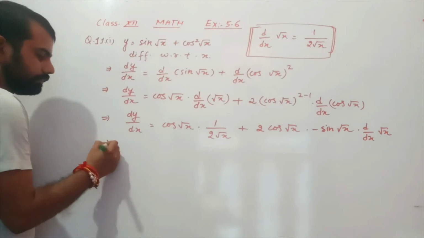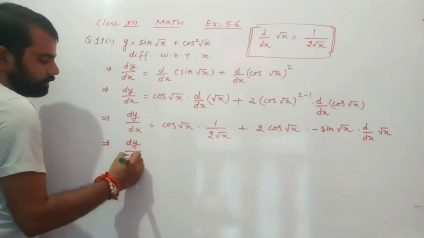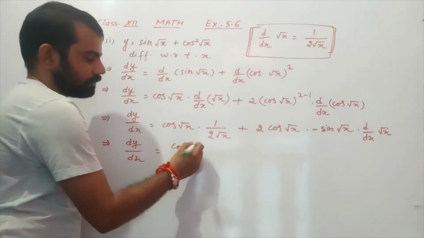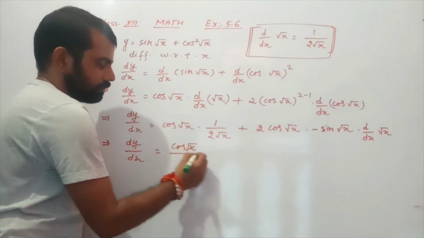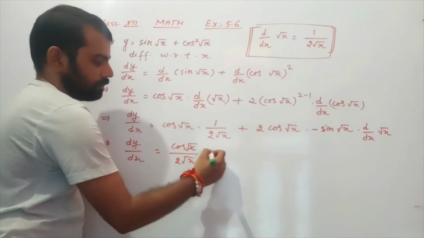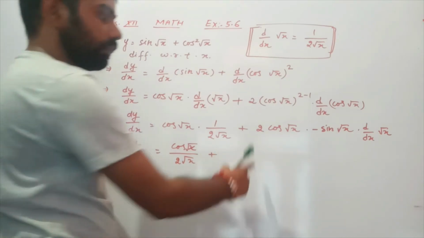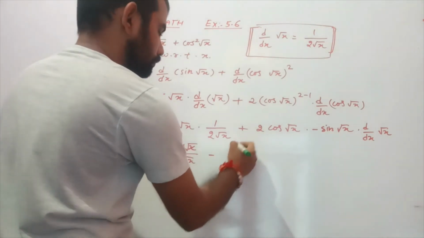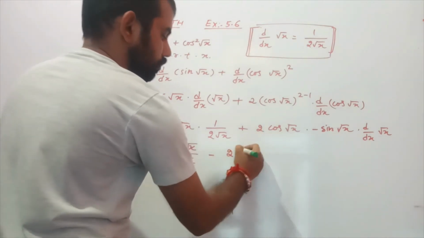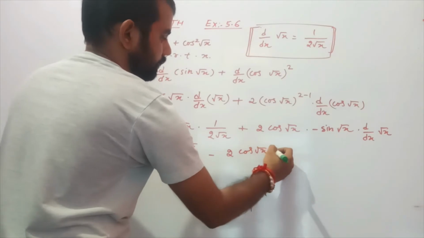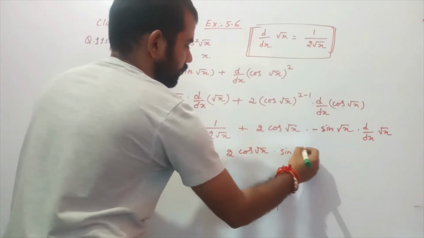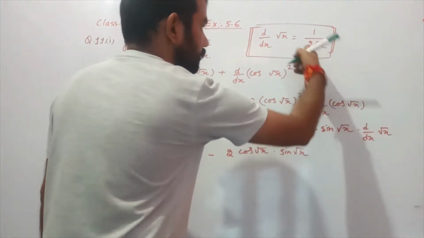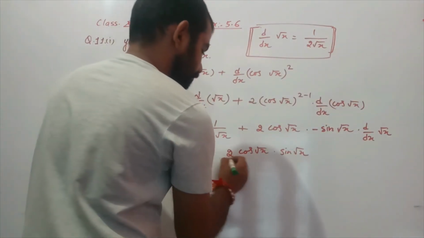This implies that dy by dx is equal to cos root x upon 2 root x plus, and minus 2 cos root x into sin root x into the differentiation of root x, which is 1 upon 2 root x.